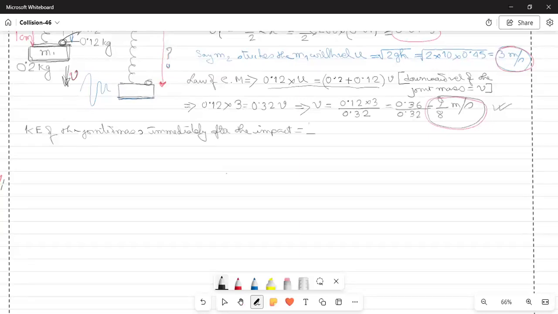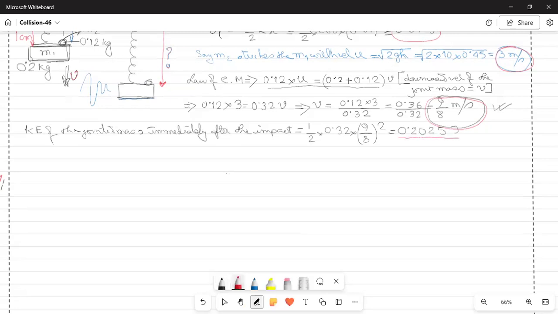That means half, the joint mass is 0.32, and v is 9 by 8, so it is 9 by 8 whole square. If you calculate this, you will find this is 0.2025 joule.